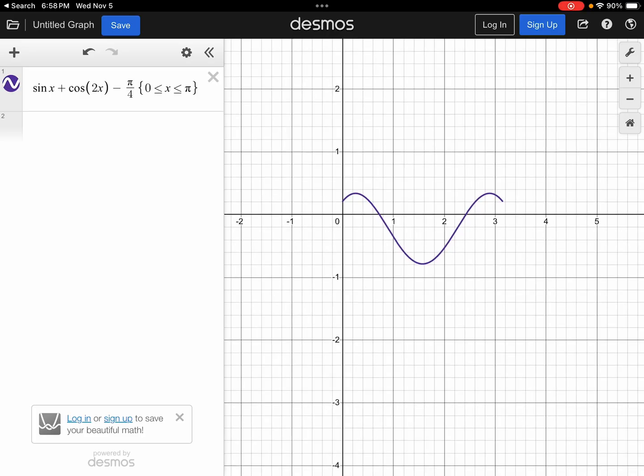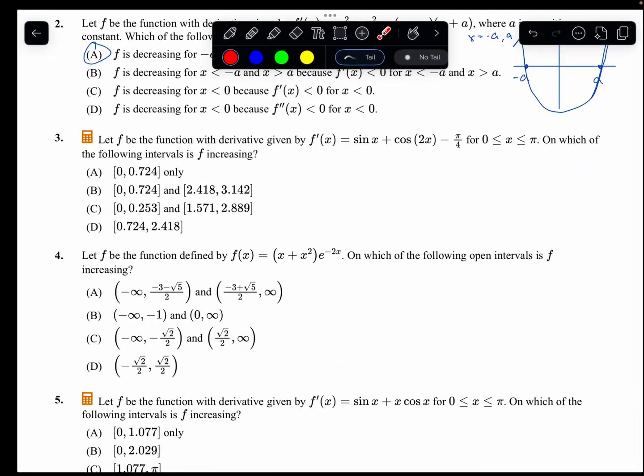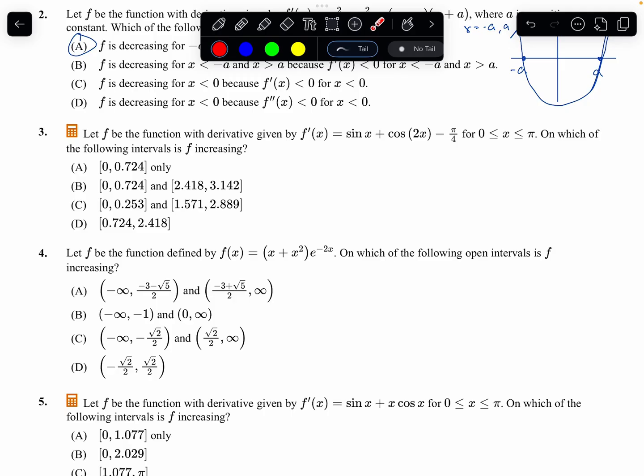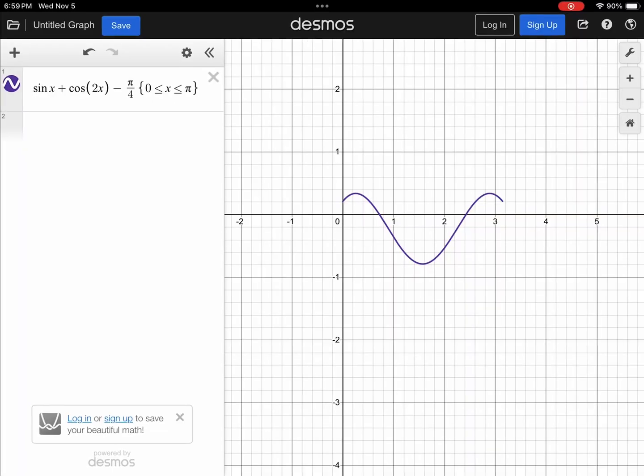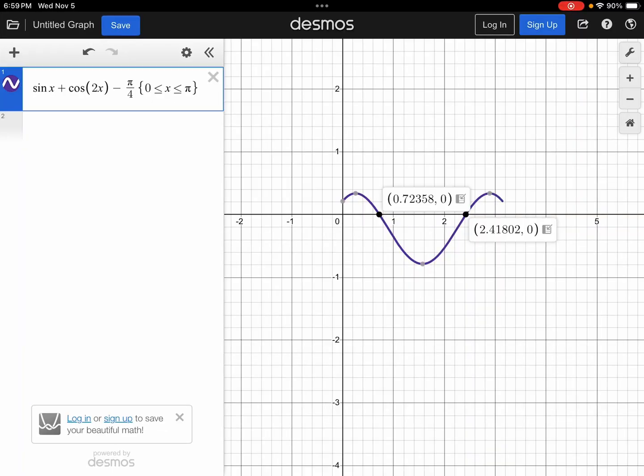All right, so let f be a function with the derivative given as f prime of x is equal to sine of x plus, okay? On which of the following intervals is f increasing? Basically what we're looking for when f is increasing is when f prime of x is greater than 0. So let's go in here. When are we greater than 0? It's when we're above the x-axis.